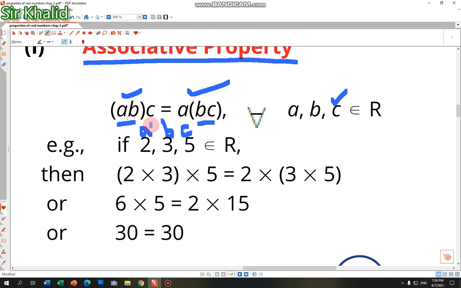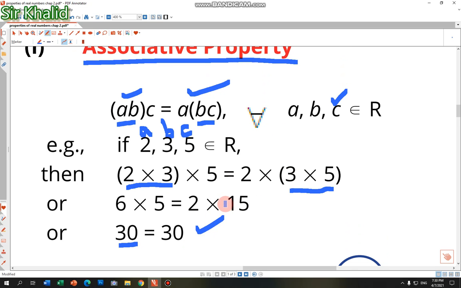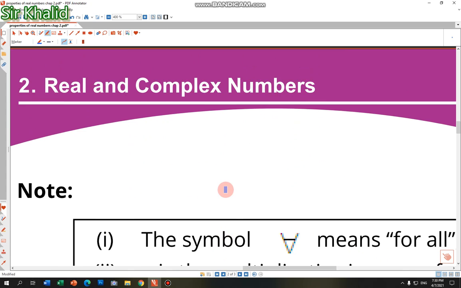Putting these values in, first you have to solve the bracket. 2 3s are 6, 6 multiplied by 5 is equal to 30. Here you also solve the bracket first: 3 5s are 15, and 15 2s are 30. So the associative property also holds for multiplication.